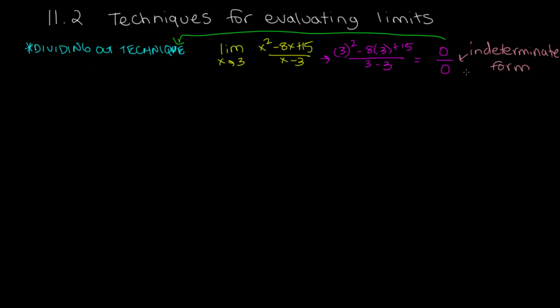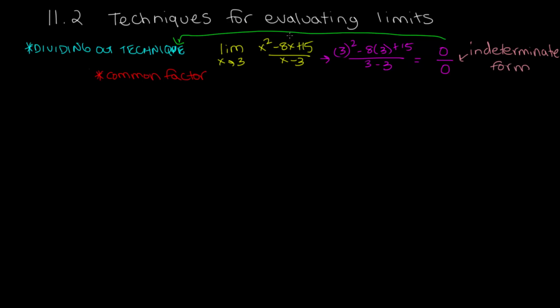Let's look at why we get this form. When we have a rational function and we get 0 over 0, 0 in the denominator as well as 0 in the numerator, it means there is a common factor in both the numerator and the denominator. And this is the reason why we're getting 0 over 0.